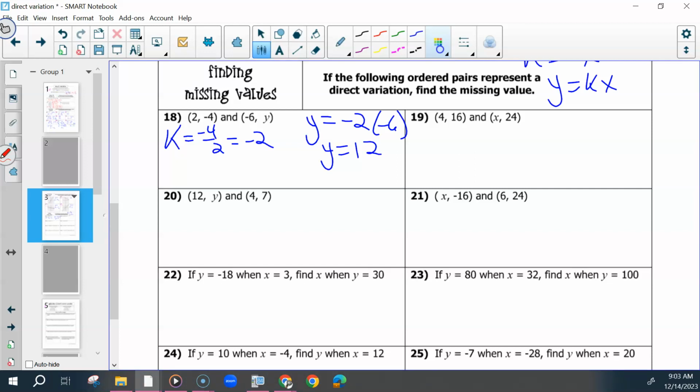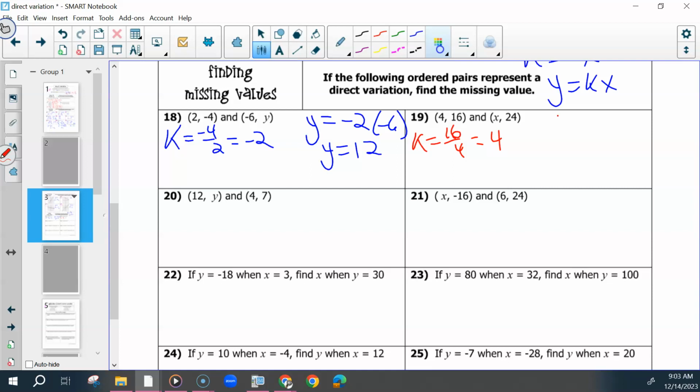Okay, let's try one with an x, and then we'll do some of these other ones. So same thing with 19. You have an x and a y. Find your k value by doing y/x, 16/4, so that your k value is 4. Then in our new equation, it should be y equals kx.